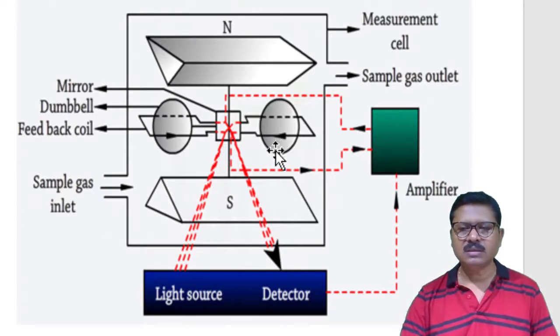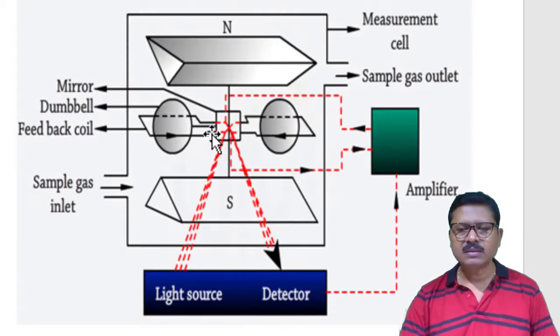In that situation, the light is reflected from this mirror and the detector is getting a particular output. According to this detector output, this is the electronics part, and this electronics part ultimately will produce a particular current. That current will flow through the coil arrangement.